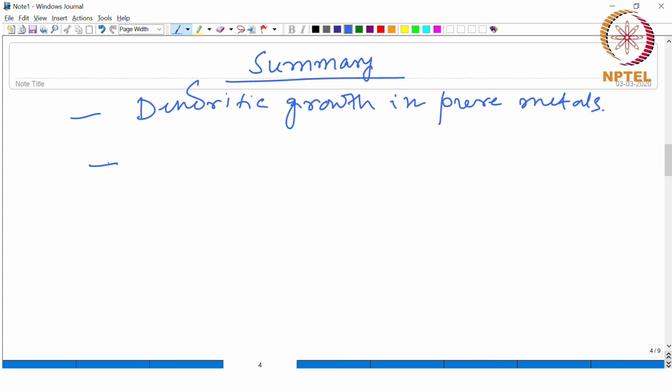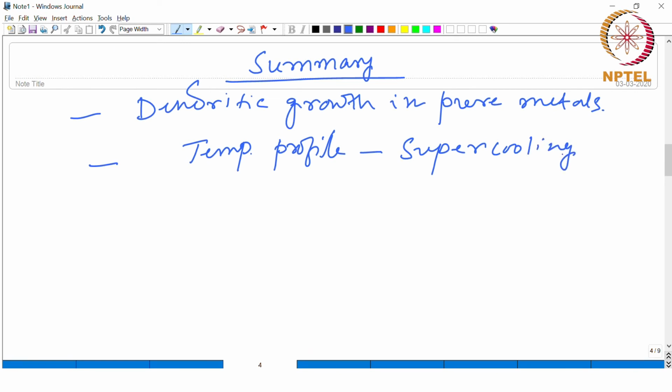This happens due to the temperature profile which exists in the liquid, giving rise to supercooling. That means presence of a liquid right in front of the solid liquid interface at a temperature which is lower than the temperature of the interface.